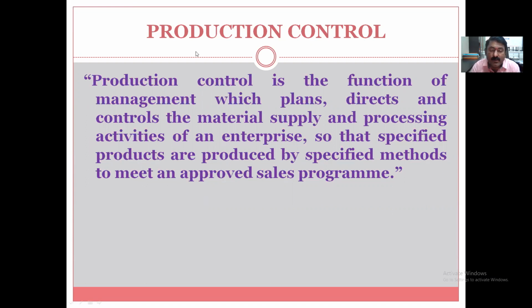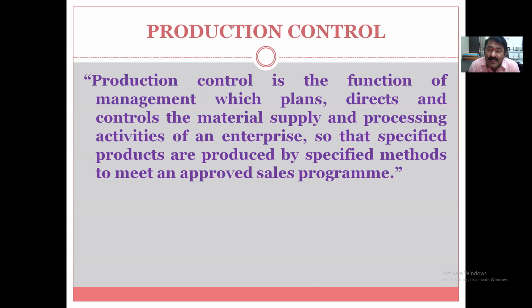Here you can see that production control is the function of management which plans, directs, and controls the material supply and processing activities of an enterprise so that the specified products are developed by specified methods to meet the approved sales program. Now, what is this production control? A production plan is made.